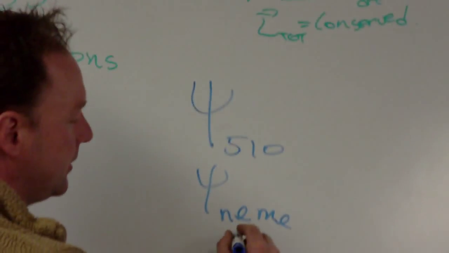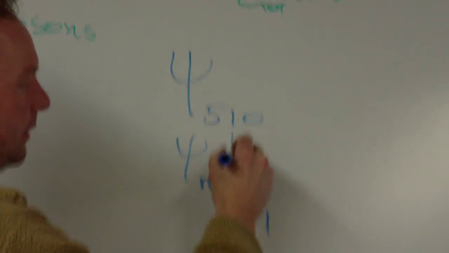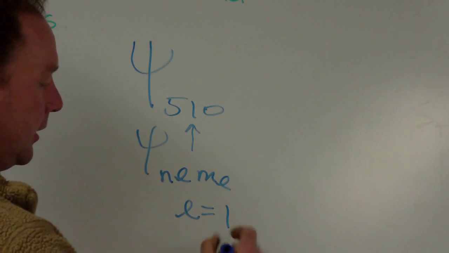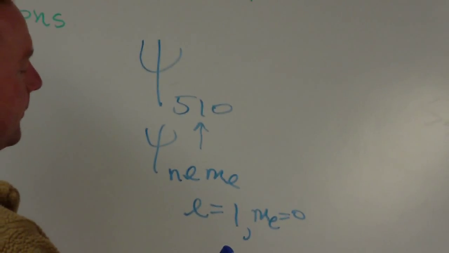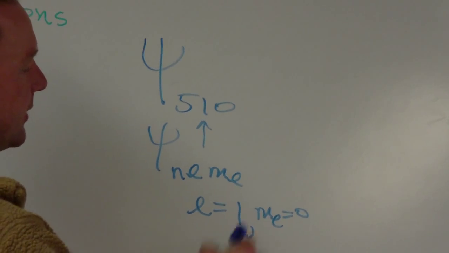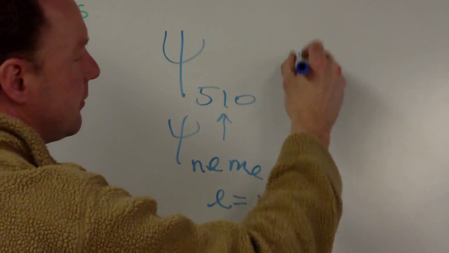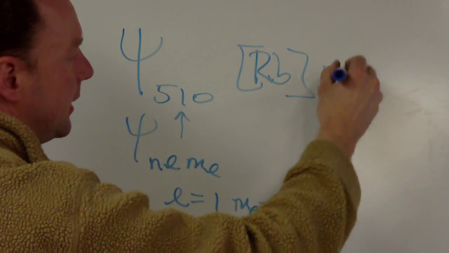But the big scoop is that l equals 1. This is l. And m equals 0. All right, m_l equals 0. I think it's a 5s electron. So I think this is rubidium. So 1s, 1.